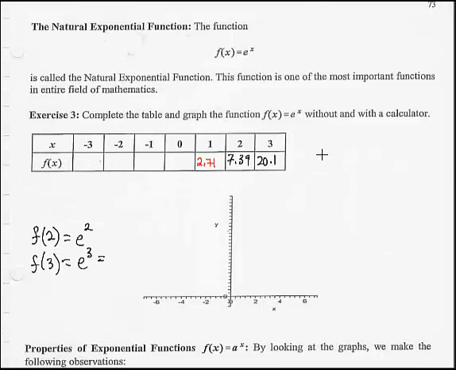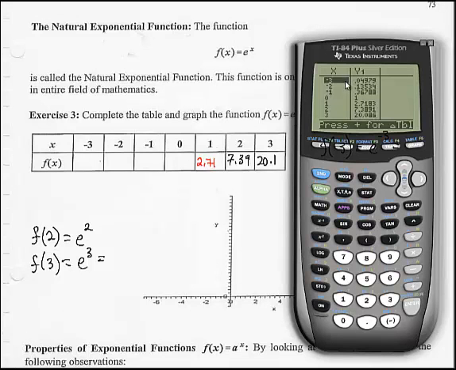So for f of negative 3, we would have e to the negative 3, and it's probably difficult to raise 2.71 with endless digits to the negative 3rd power. So to calculate these outputs, we'll use our calculator again.